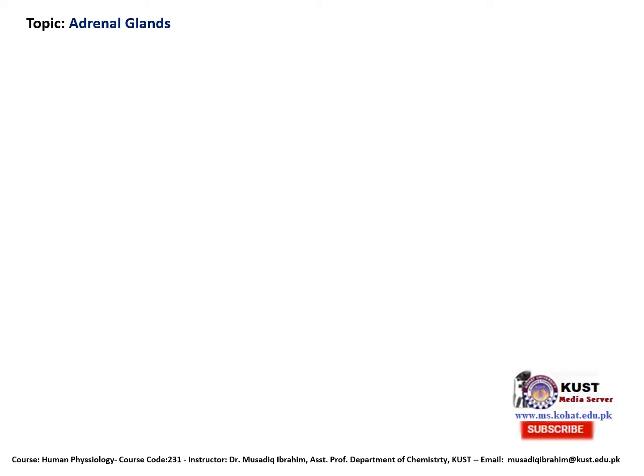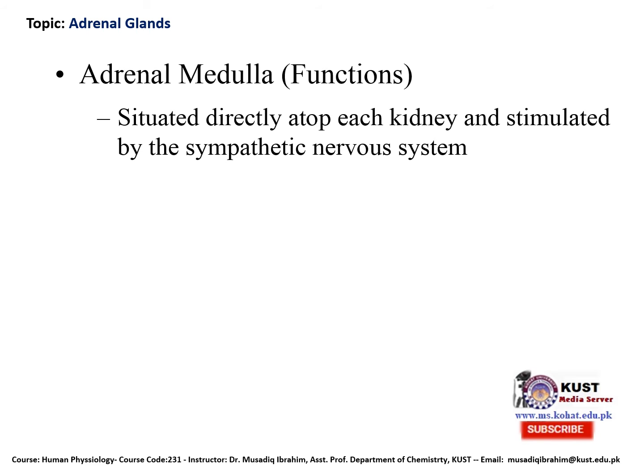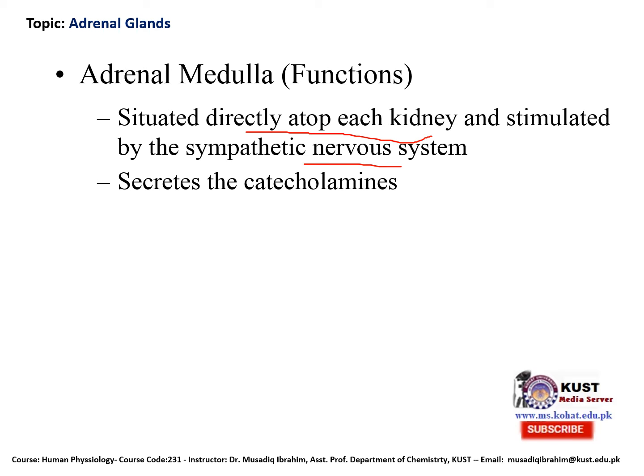Now moving towards the adrenal medulla functions. Before the functions, we need to know where the adrenal medulla is located. It is located directly atop each kidney and is stimulated by the sympathetic nervous system.